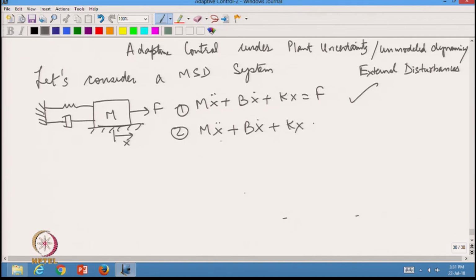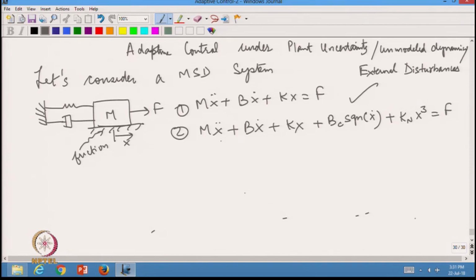So in addition to that, we also have say some friction affecting the movement of this mass, and let us say this is a Coulomb friction. So we model this as Bc sign of x dot, and then we have a nonlinear spring term.